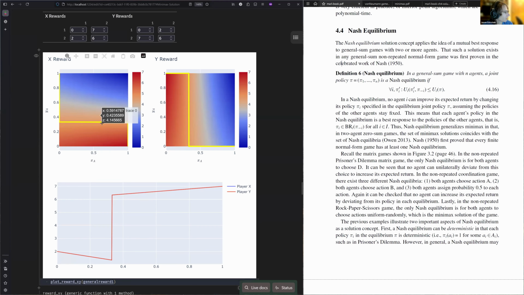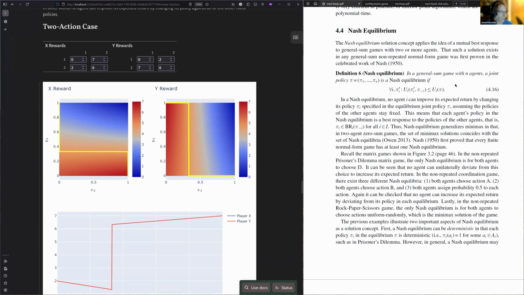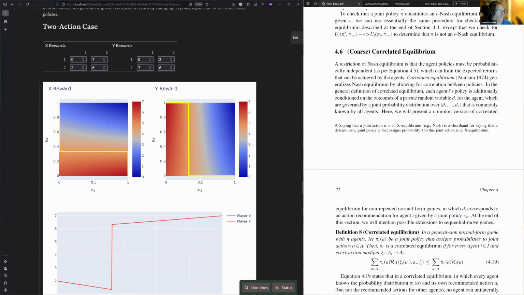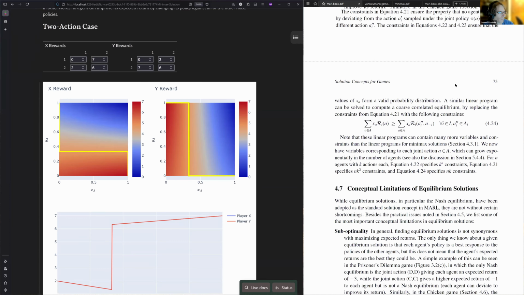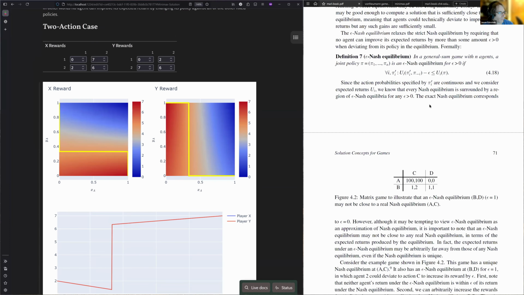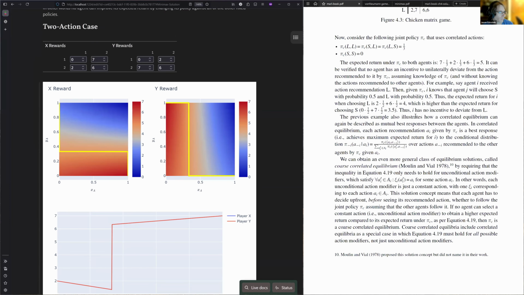But here we can see this point is a Nash equilibrium because it is the point where both players make the other player indifferent to their actions. And it's the only point in this space where that is true. So this is for the chicken game.